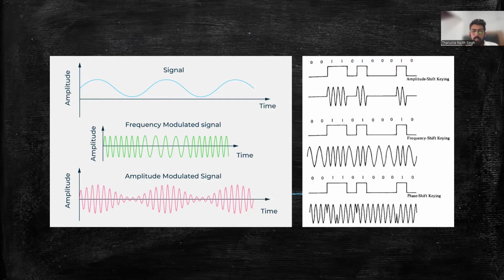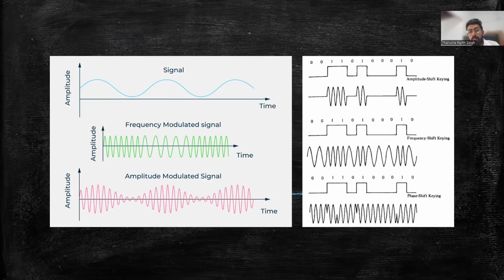Each modulation technique has its advantages and disadvantages. For example, AM is simple but susceptible to noise, while FM is more robust but requires more bandwidth. In digital communication, PSK is often preferred for its efficiency and resistance to noise.